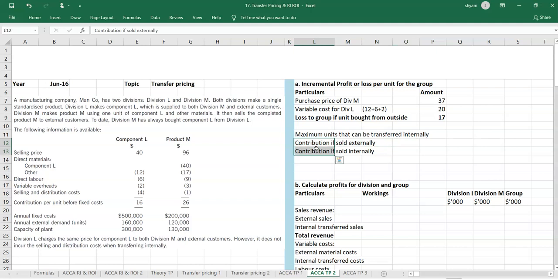This is going to have similar information. We need the selling price and any other variable cost, and we can get the contribution. So let's start. They are selling the item at 40 to whoever it is, and the variable cost if it is produced inside is going to be this number.